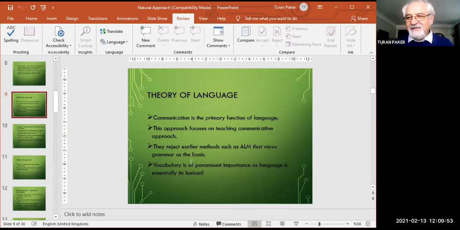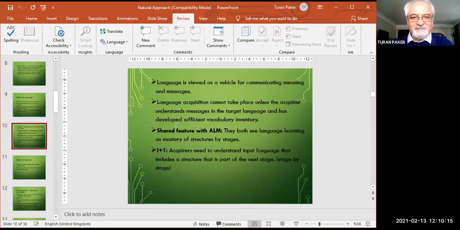Then if I say, Uridu min, I want to drink, I don't know how to say orange juice in Arabic, but if I know this vocabulary, I can just continue with one structure, okay? So vocabulary is of paramount importance.